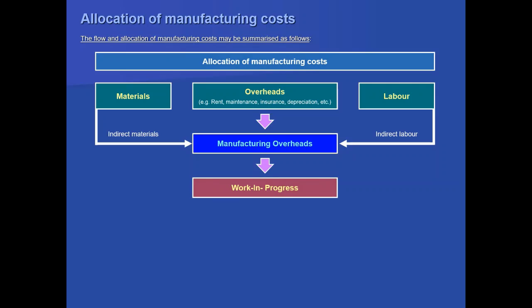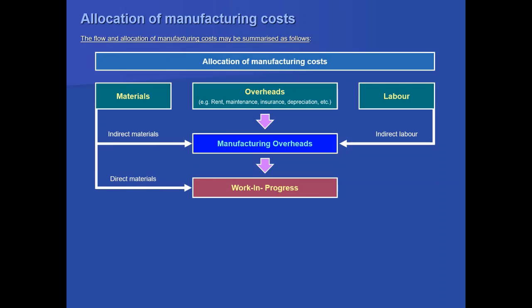And then in our manufacturing overheads account on the debit side, we will have like the indirect material, the indirect labor, the rent, the maintenance, insurance, the depreciation, all of those entries on the debit side of the manufacturing overhead. We get rid of it by crediting manufacturing overheads and debit work in progress.